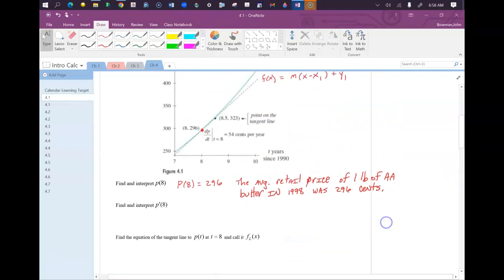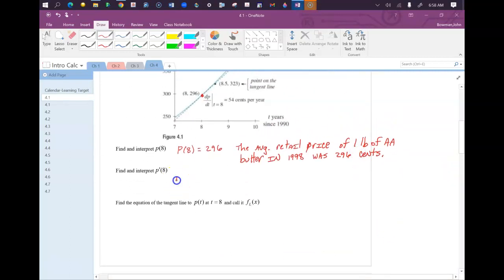Now we're going to find and interpret P prime of 8. So P prime of t, let's find that derivative first, is going to be equal to, using the power rule, the 2 comes down, 2 times 5.17 is 10.34 t minus 28.7. So P prime of 8, if you plug those values in, is equal to 54.02.